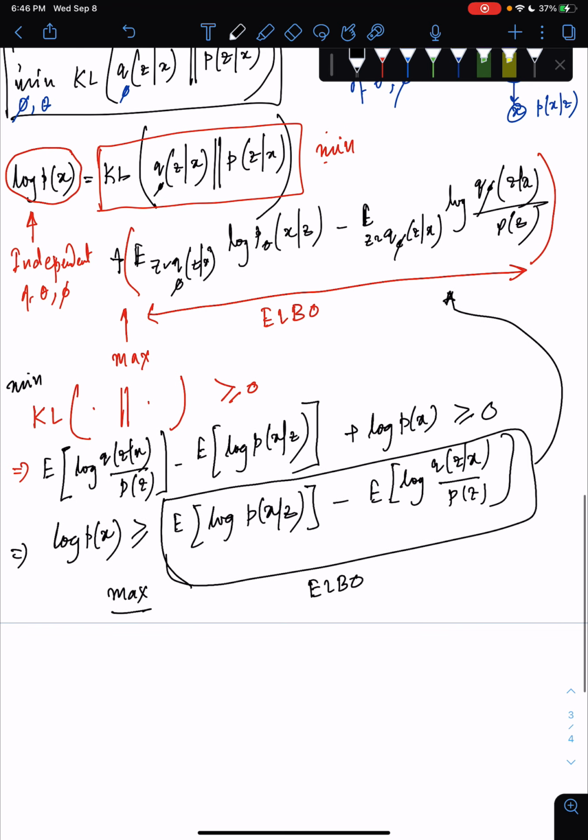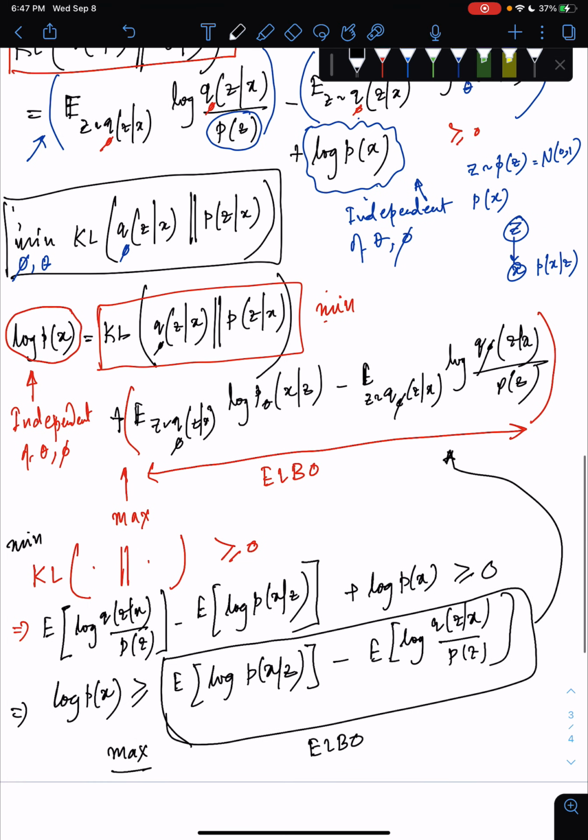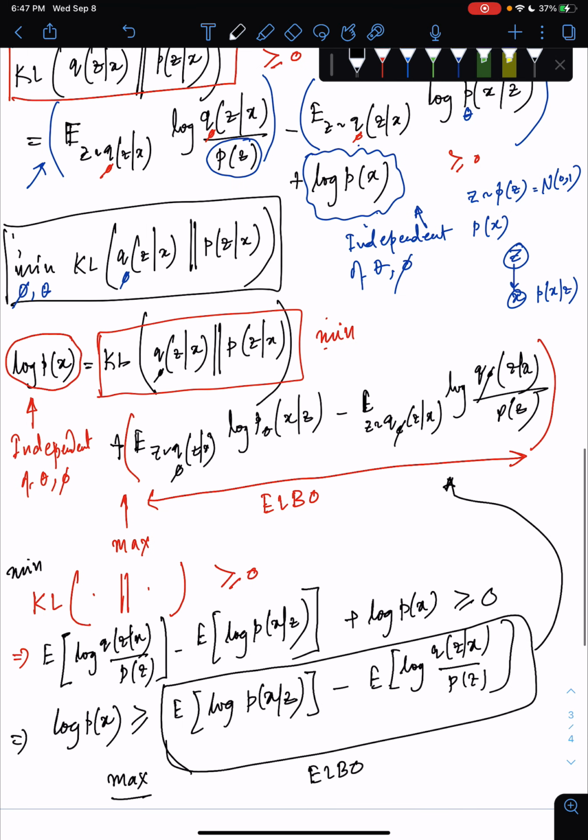Okay, so this is the thing. Now you may ask me why this maximization will occur. Why does this actually help us?